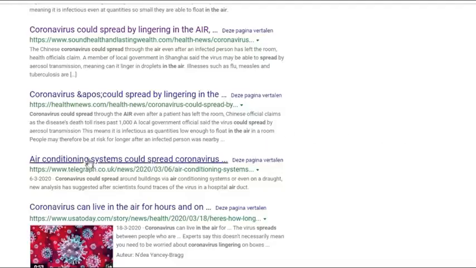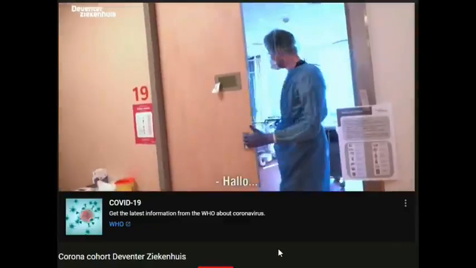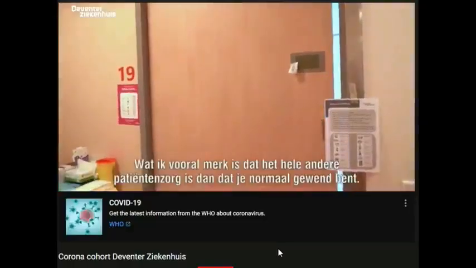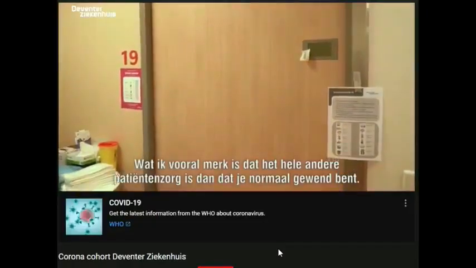Yeah, stuff like air conditioning or a simple draft can cause the spreading of this dangerous virus. Walking in and out of rooms is already dangerous.